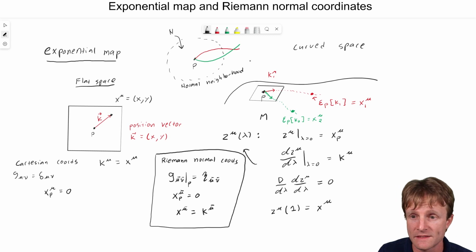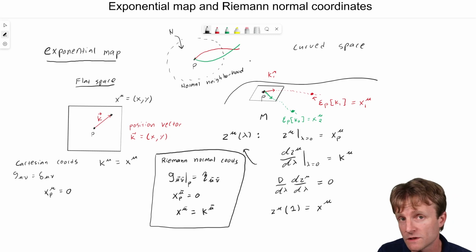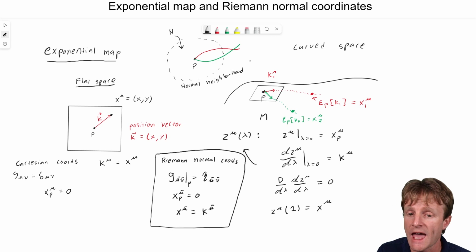So let's understand this in the curved space. Suppose we're at this red point here, some point on the manifold. It has coordinates x1 mu in our original coordinate system, and we want to know what its Riemann normal coordinates are. Well, first we make sure that at P, we've chosen these Riemann normal coordinates so that the metric has the form eta mu bar nu bar.